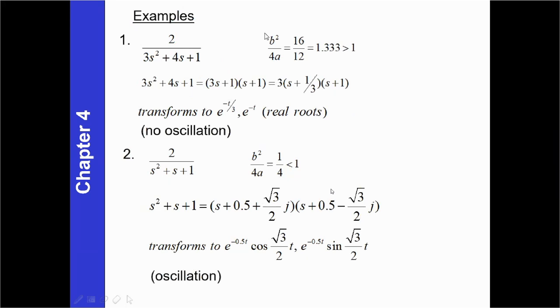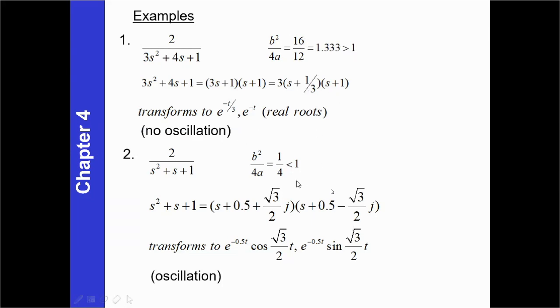So some examples: we have the equation 2 over 3s squared plus 4s plus 1. For the roots of s, b squared over 4a: b is 4, its square is 16, and a is 3, so 4 times 3 is 12, so it becomes 1.33, bigger than 1, so these are real roots and no oscillation.